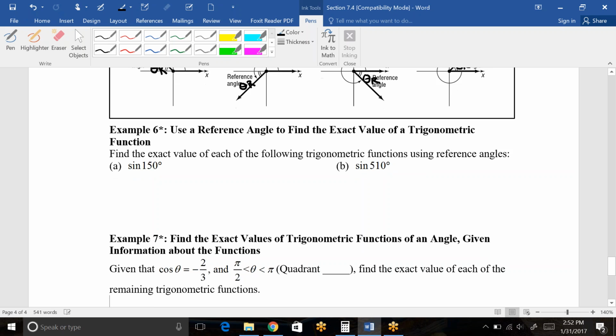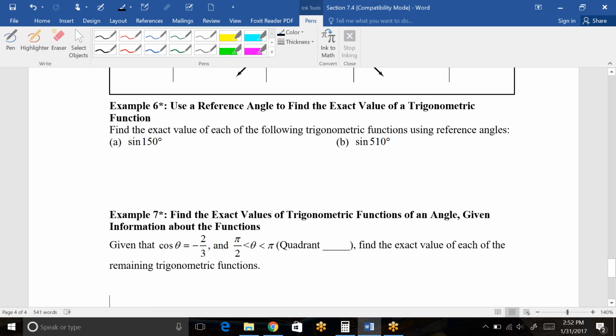So use a reference angle to find the exact value of the trigonometric functions. So for this first one, we have sine of 150, so that's in quadrant 2, because remember, this is 180 degrees, and this is 90 degrees, so 150 falls somewhere in here. So let me draw my angle in a different color. So here's my initial side, because it's in standard position. Somewhere over here is 150.